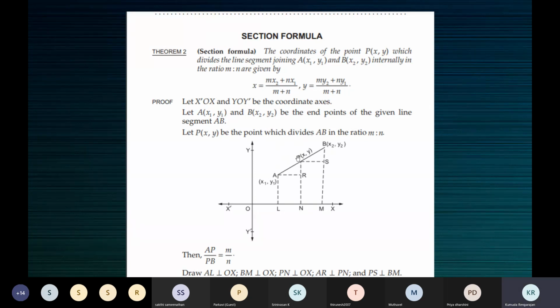So let the ratio AP is to PB be called m/n. Okay, with so much, what are we trying to find? The section formula helps you to find the address of the point P that divides the line segment AB in the ratio m/n.